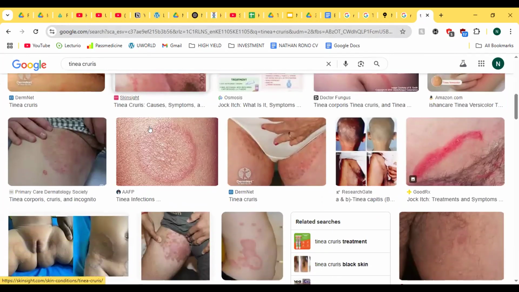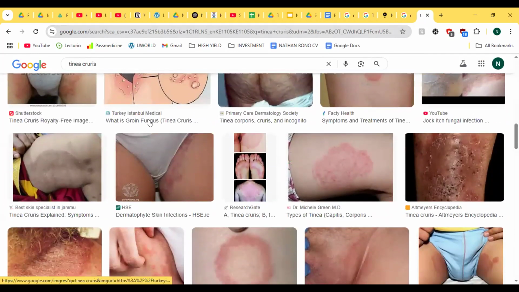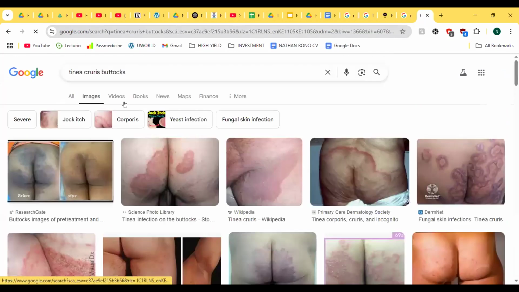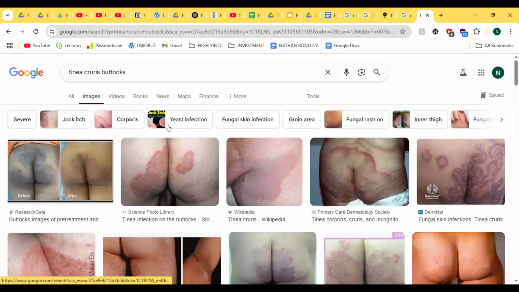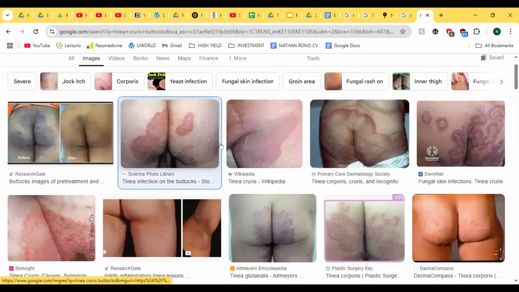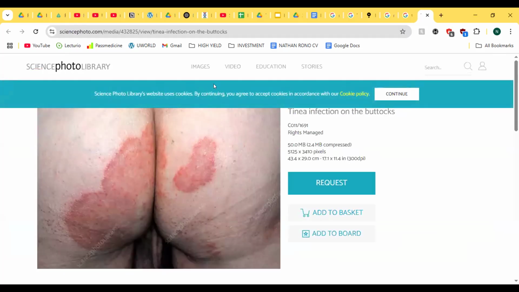I don't have a good picture. Yes, compare that and this. Let's use this. Can you compare? What is the difference between that and this?